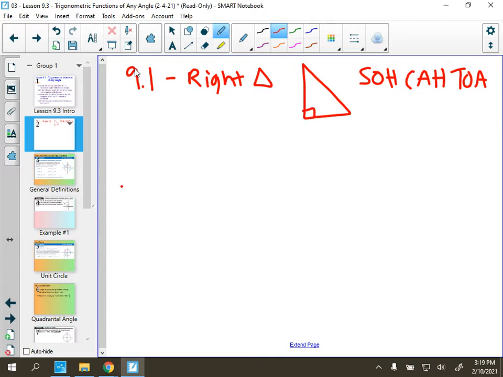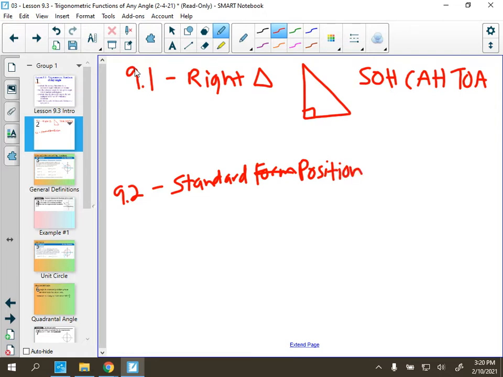In 9.2, we looked at radians, this alternate unit of measurement, and standardizing the standard position of angles. I think that's the phrase we use.